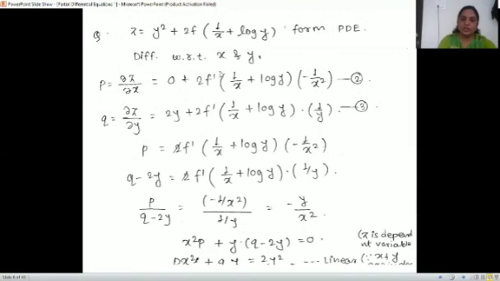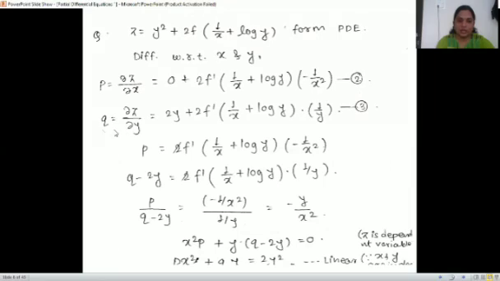So the derivative of the function is f dash, 2 as it is, f dash of your function into the derivative of that function, that is, the term inside the function. The derivative with respect to x of the term is minus 1 by x square, and the derivative of log y is 0. Right?